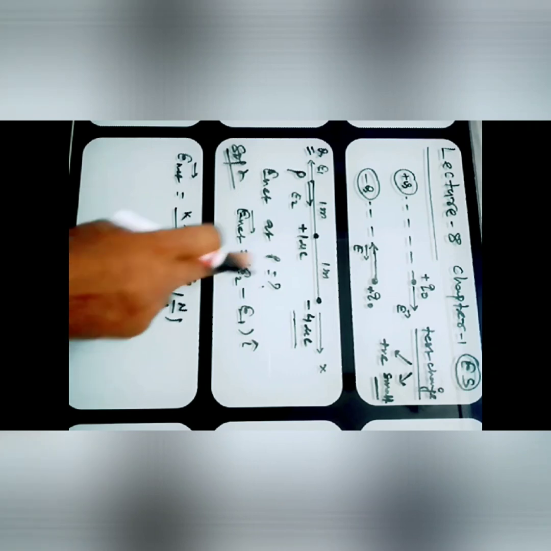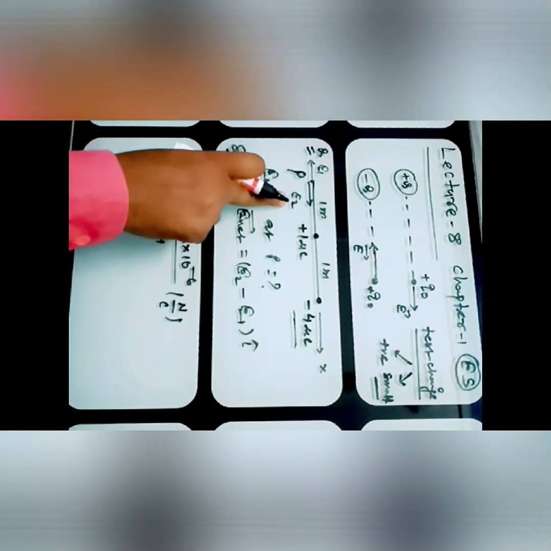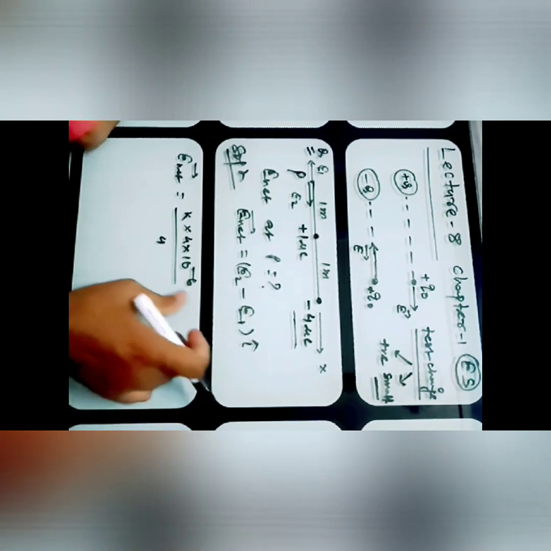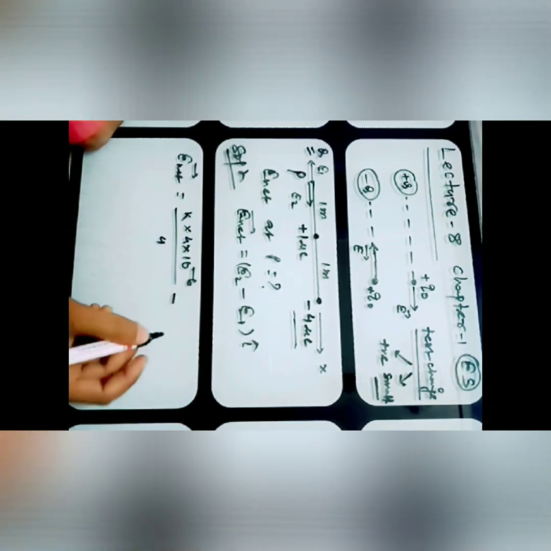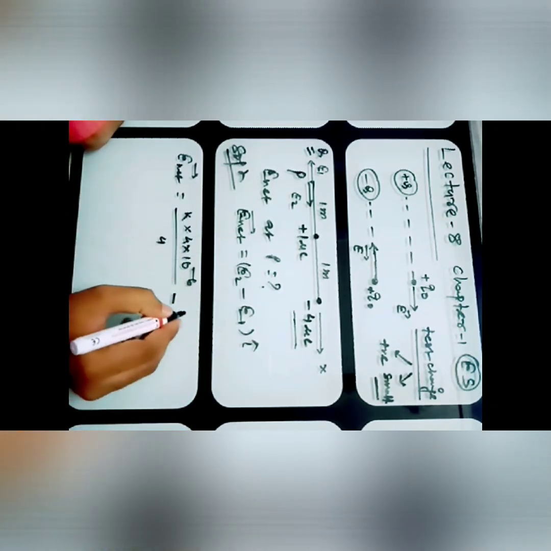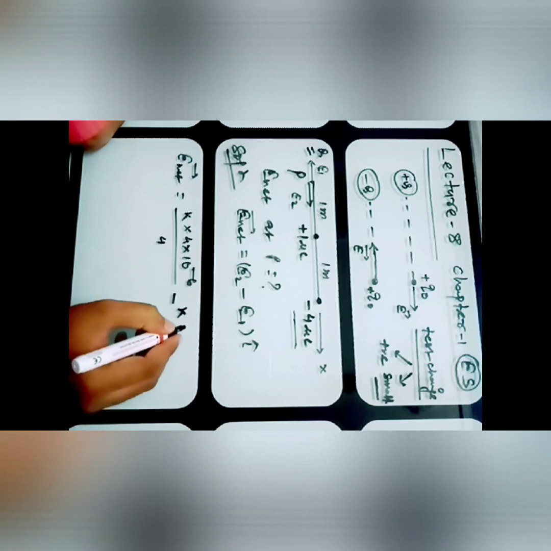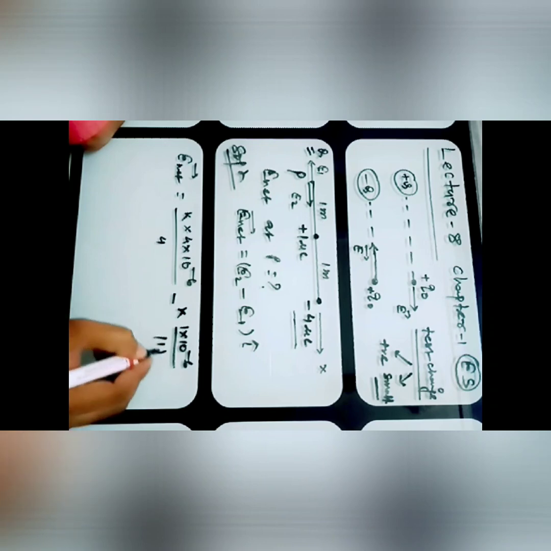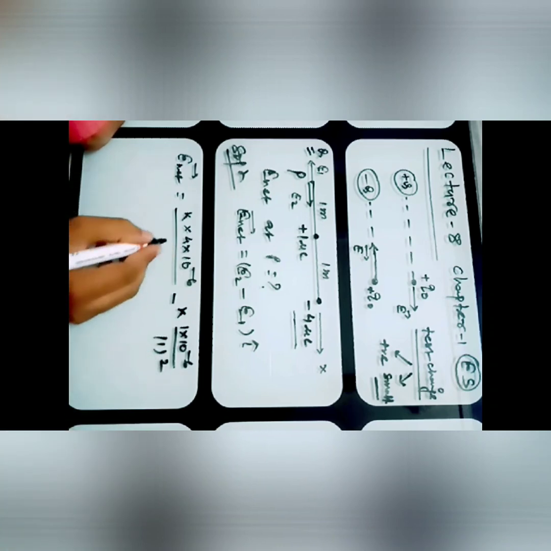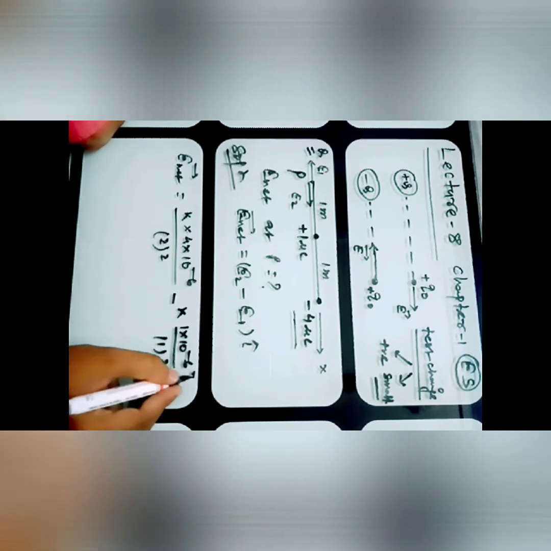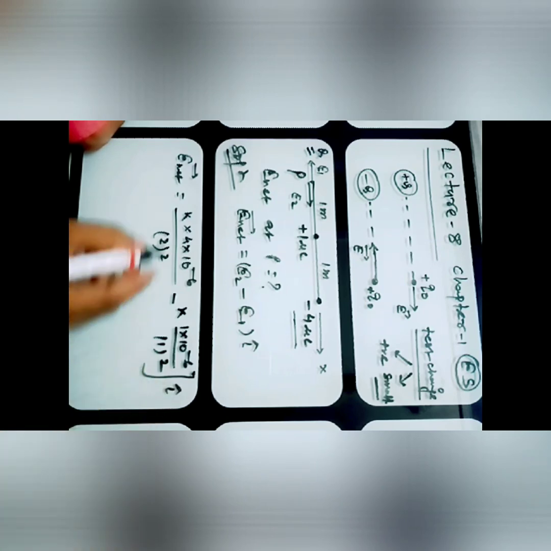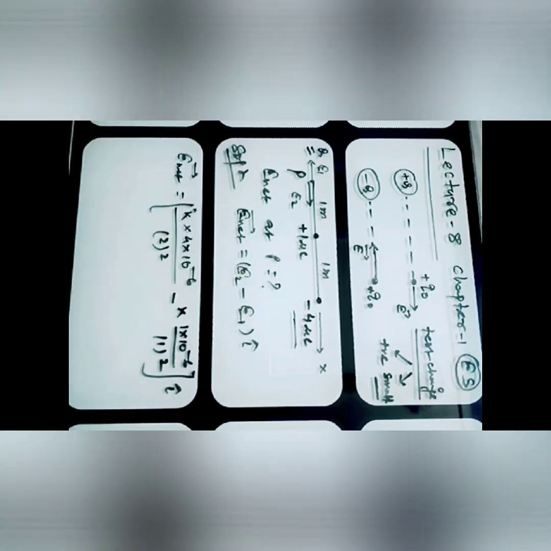This is the field E2. Now E1, here it is minus E1. Again KQ divided by R square, it is 2 square, Newton per coulomb, direction i cap.